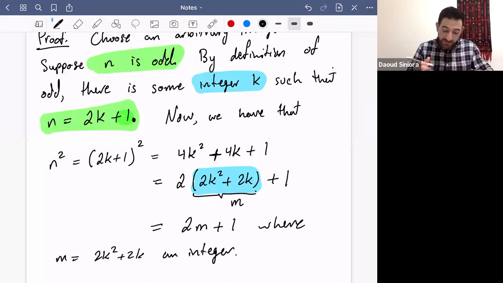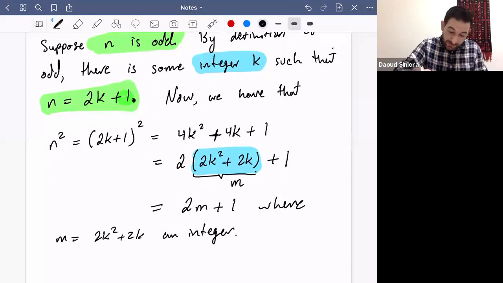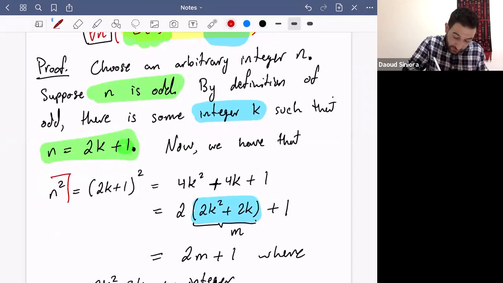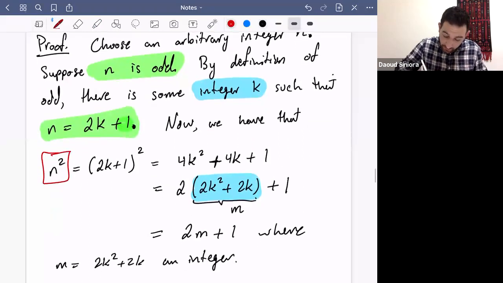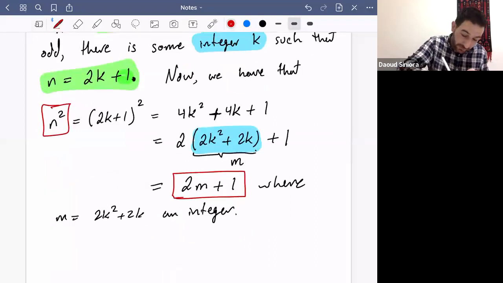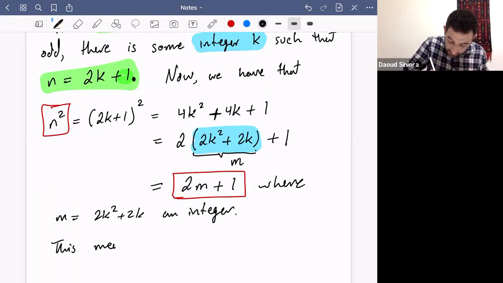So what we see here, we managed to write n squared in the form of 2 times an integer plus 1. Any integer of the form 2 times an integer plus 1 is an odd integer. So this means that n squared is odd.